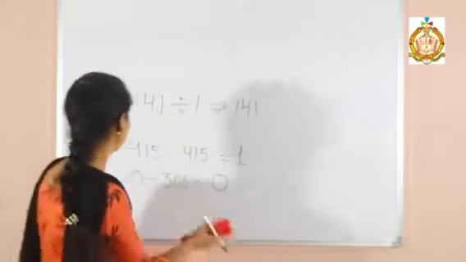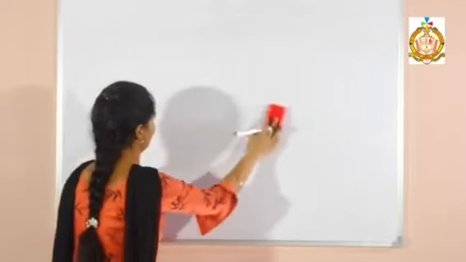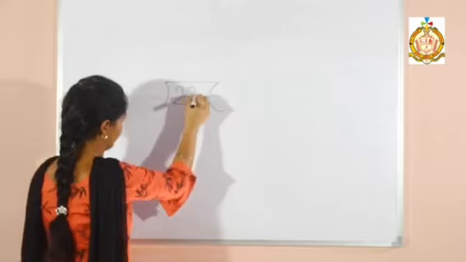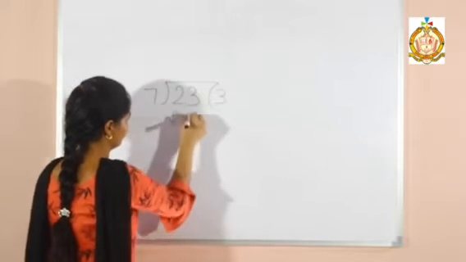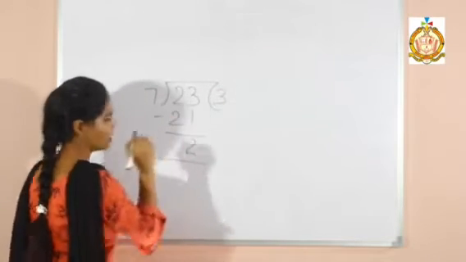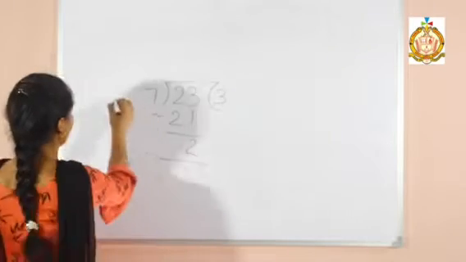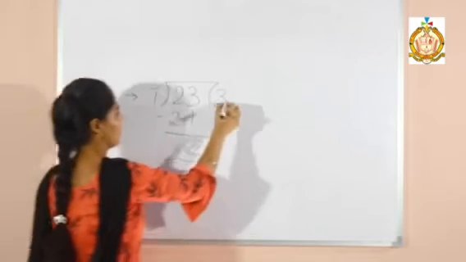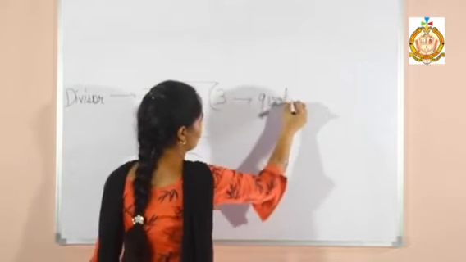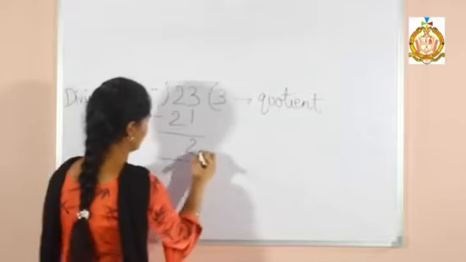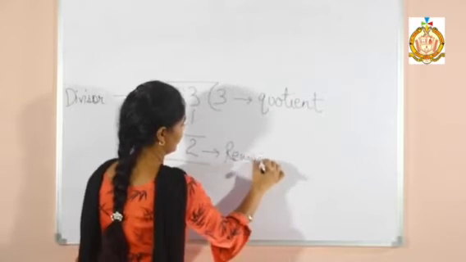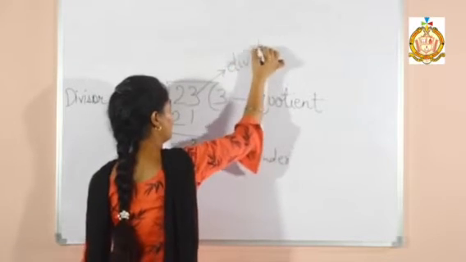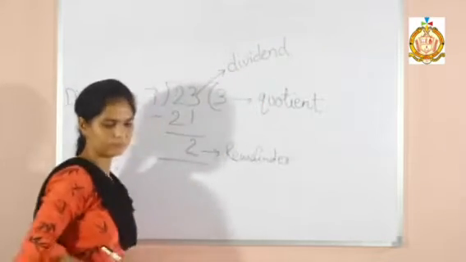Now we discuss how to divide numbers. The first thing is, this is your divisor, this is the quotient, this is the remainder, and this is the dividend.